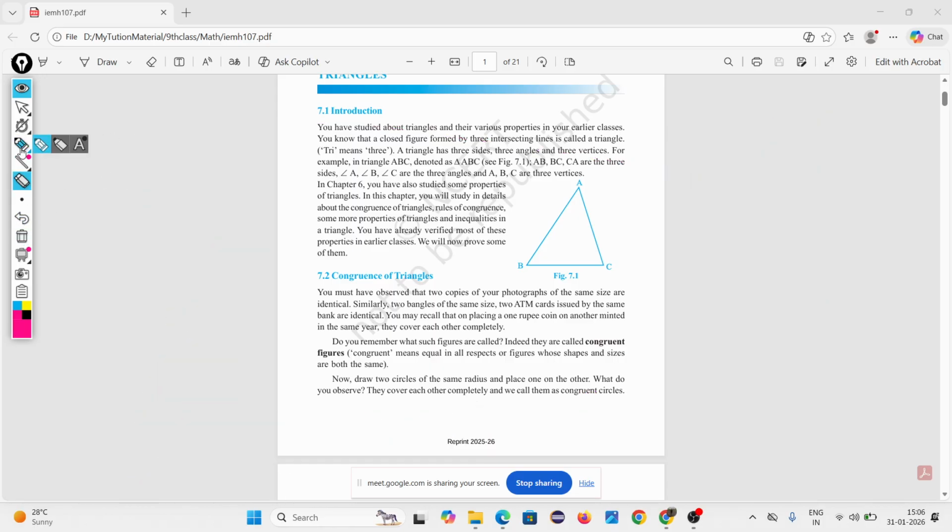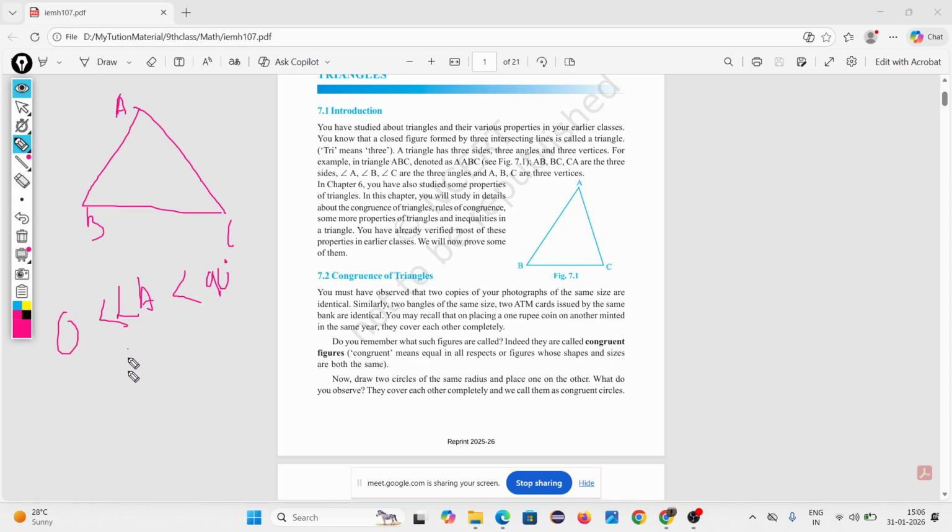Suppose it is a triangle ABC. Here A is less than 90 degree, greater than 0 degree. B is also less than 90, greater than 0. C, same thing, greater than 0, less than 90.